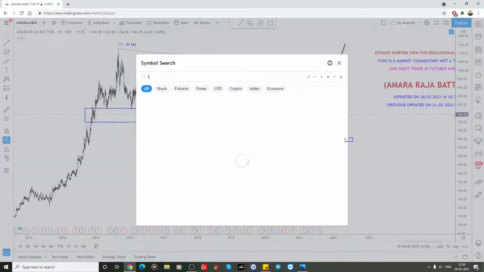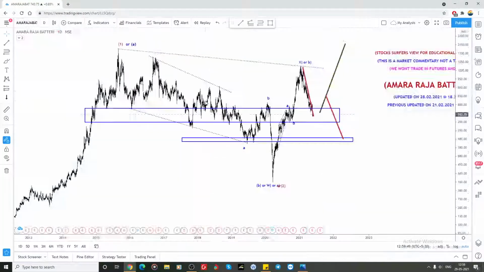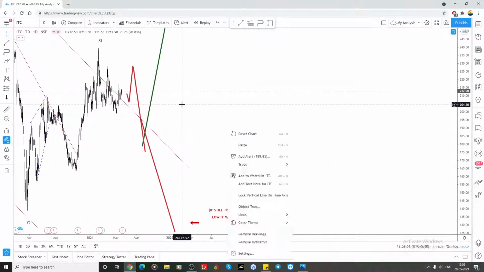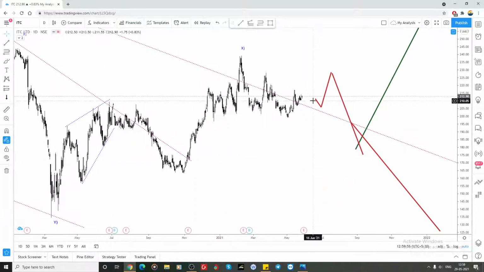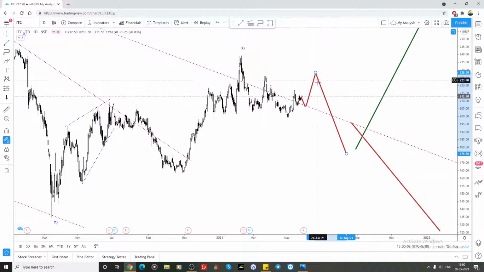So next is ITC. Same plan, no change. So I'm expecting it to go down here and make one more high. After that, it's a downtrend. I'm looking for this. A, B, C has completed.